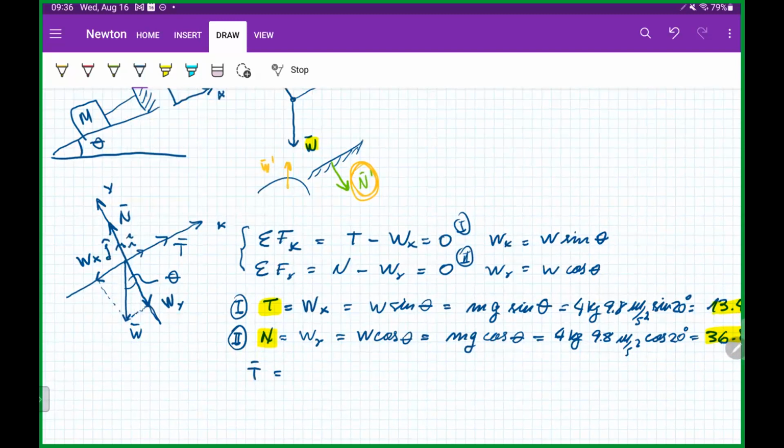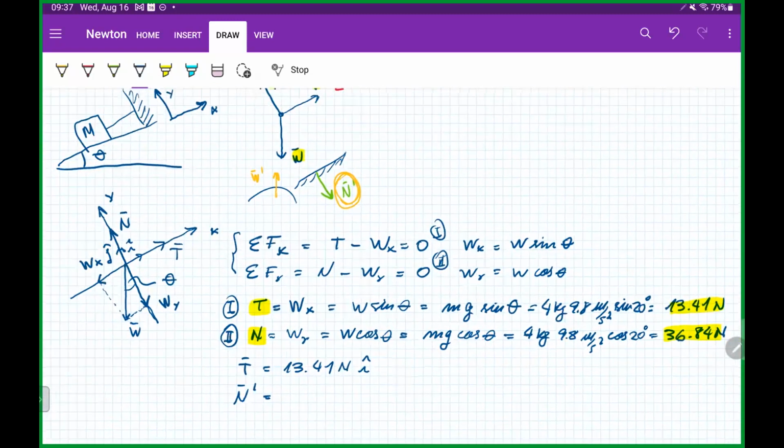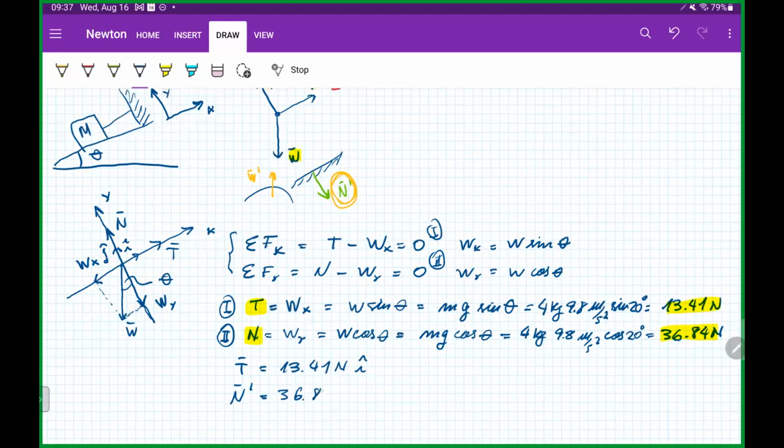So tension will be 13.41 newtons times vector i, and N prime, in this system of reference, would be pointing down and would be equal to the modulus of N. So it will be, let me zoom out, 36.84 newtons j, but with a negative sign there, right?